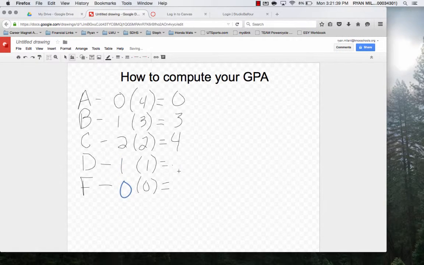So now this is 1 and this is 0. I'm still going to add these together. So 3 plus 4 is 7, plus 1 is 8. I'm still dividing by 4, and 4 goes into 8 twice. So just by changing an F into a D, I went from a 1.75 to a 2.0.